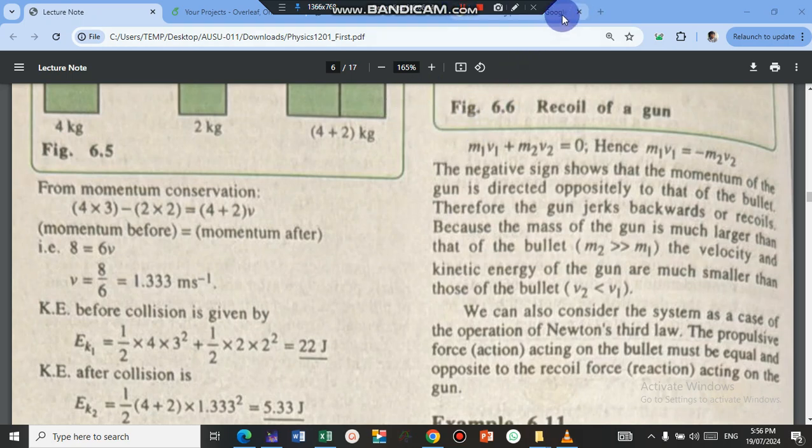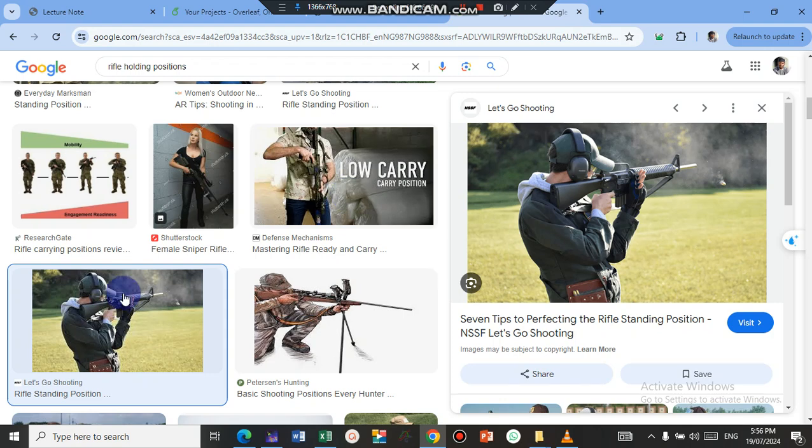Let me show you something here before we continue. Look at how this man held the rifle. It's not directly against his chest, because after firing the rifle, you expect the rifle to recoil, to move backward.